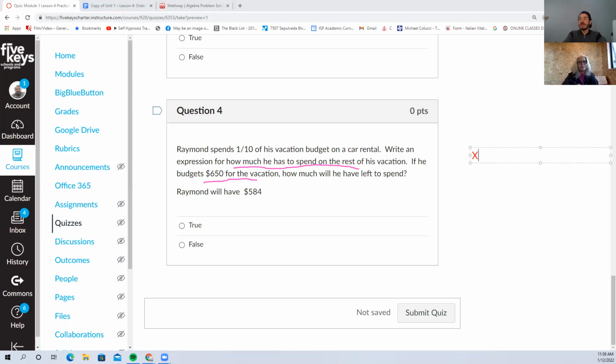All right, so I'm going to name a variable. I'm going to call it X, equal to how much money Raymond has to spend on the vacation in total. This could be an equation, but I think I'm going to do it as an expression.